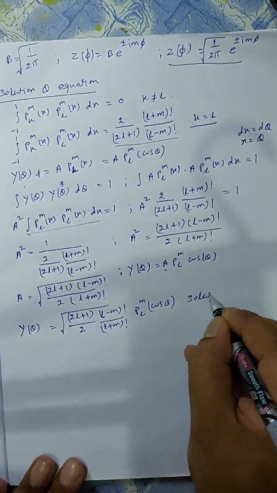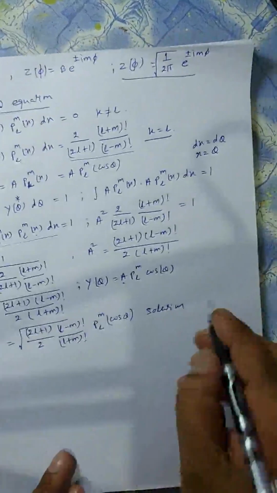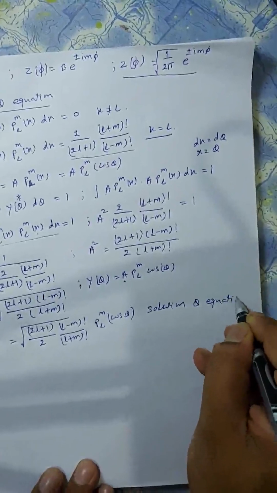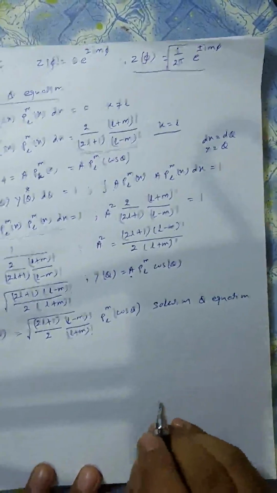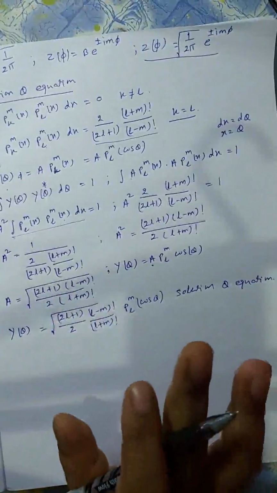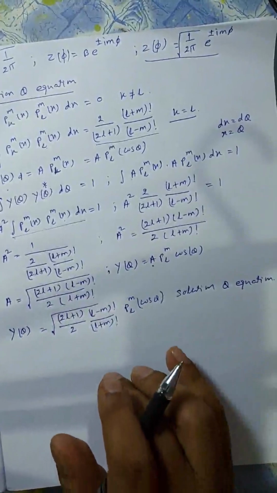We already derived this one, the solution of the theta equation. We already derived it in the rotator, so the same process we have to do. Then another is the solution of the radial wave equation.